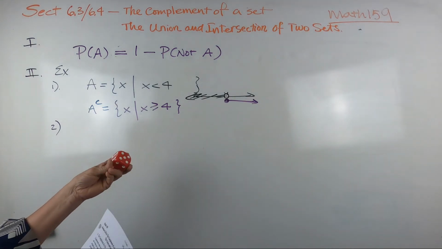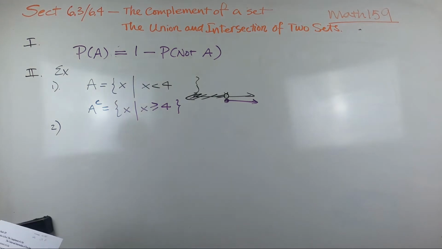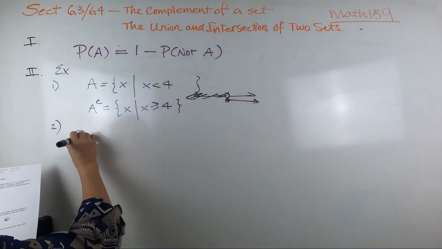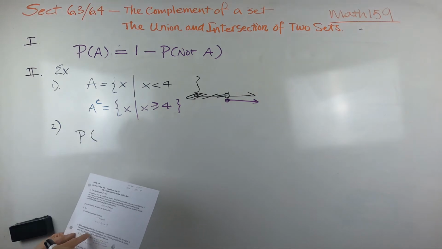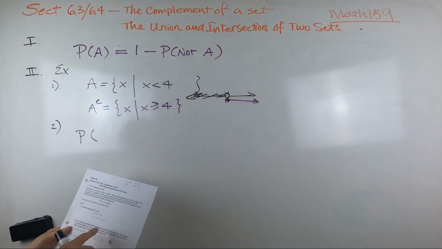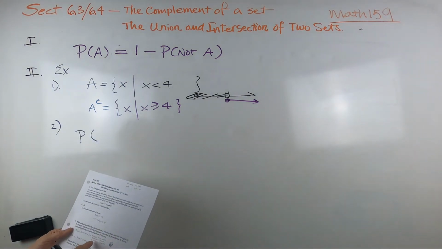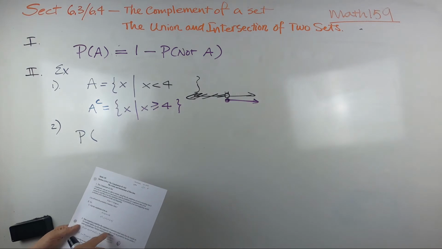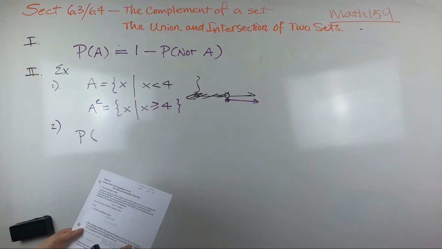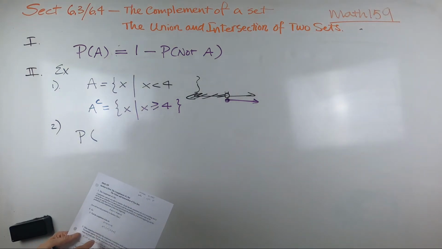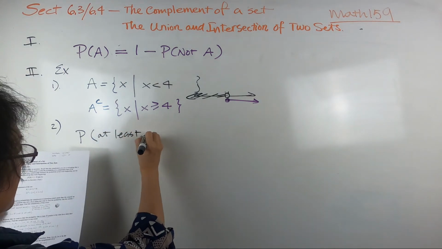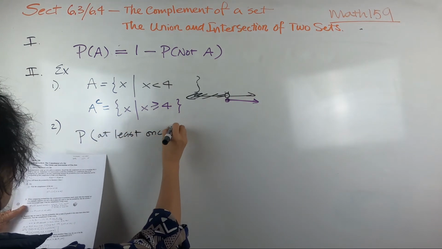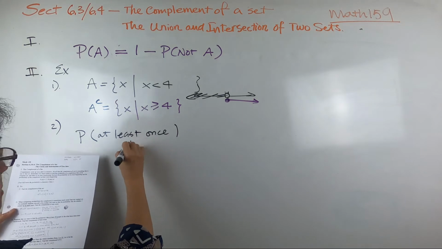So the probability we want to find is what? You roll 6 times, then find the probability that the 3 comes up at least once. At least once, that's the event, for number 3.